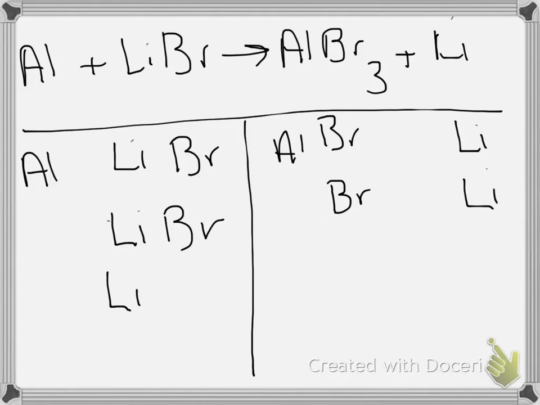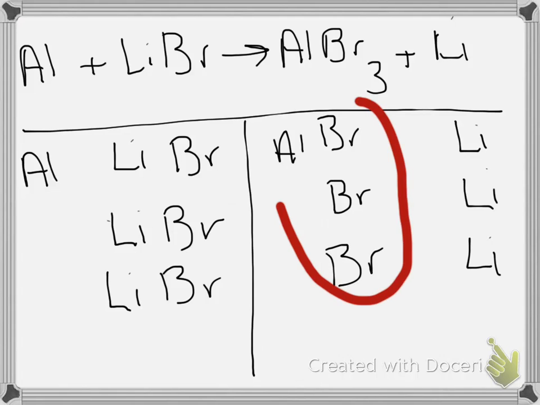And then I'm going to add a third lithium bromide. After doing this, I still have 1 aluminum on my reactant side. I have 3 lithium bromides. I have formed a single AlBr3, and then I have 3 lithiums on the product side.